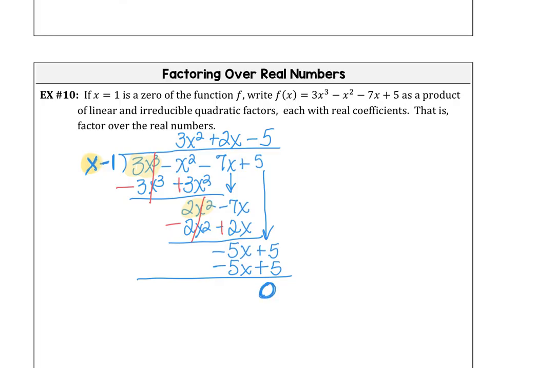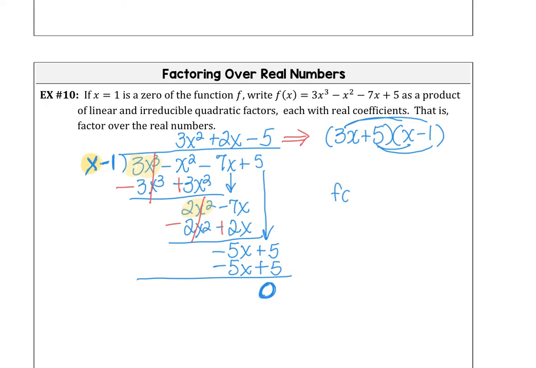And we got that. So up here you can see that 3x squared plus 2x minus 5 can be factored as 3x plus 5 times x minus 1, and you can use the distributive property twice to see that that works out.